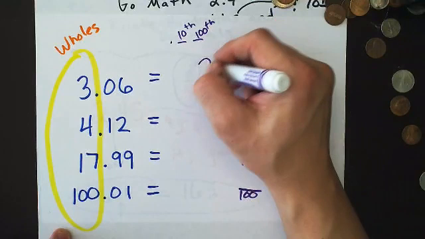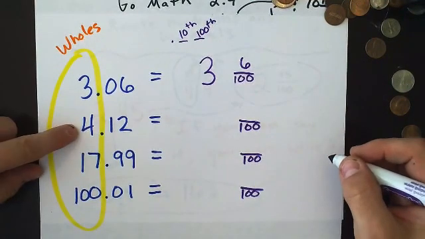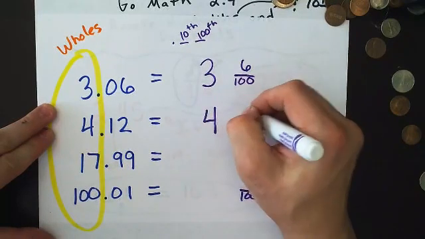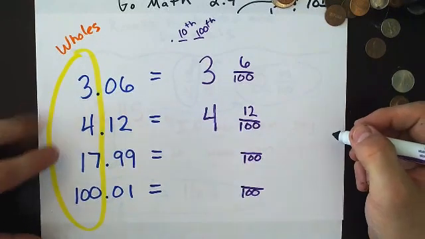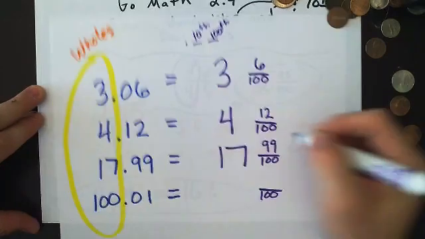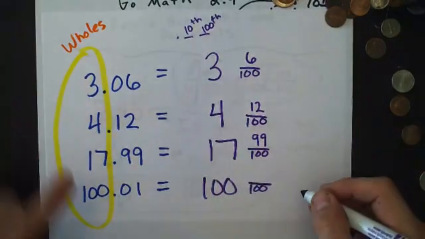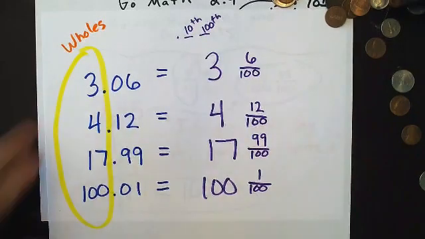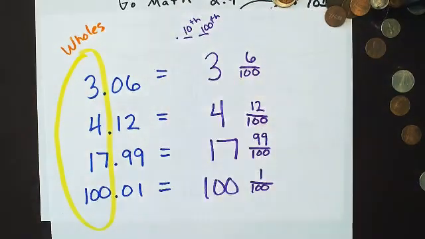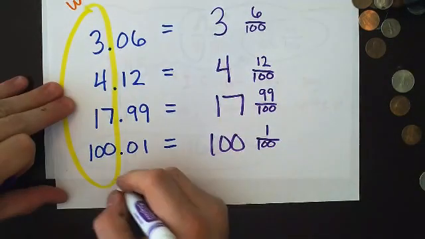So 3 and 6 hundredths, 4 and 12 hundredths, 17 and 99 hundredths, 100 wholes and 1 hundredth. So here's your fraction equivalent versions of these decimals right here.